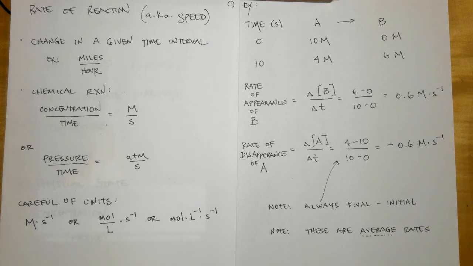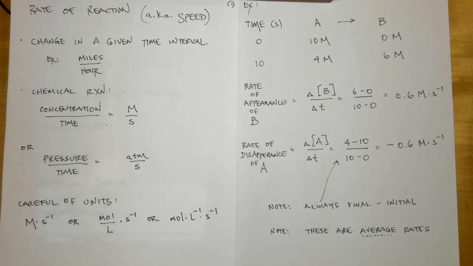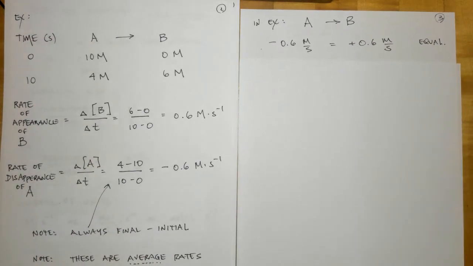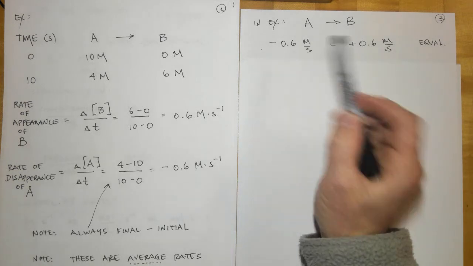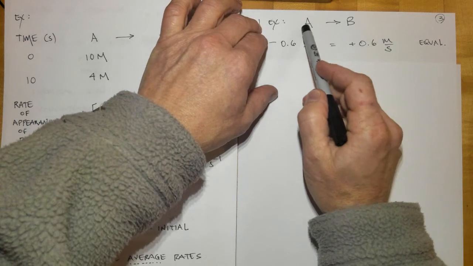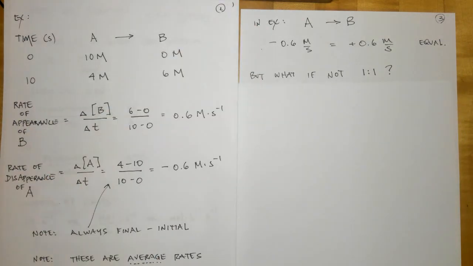When we get to the last set of videos for this chapter, we'll look at the instantaneous rate of change as well. So in our example, A goes to B. Notice how the rate of disappearance was equal to the rate of appearance. And that happens to be because for every 1 mole of A, there's 1 mole of B. But what happens if it's not a 1-to-1 ratio?